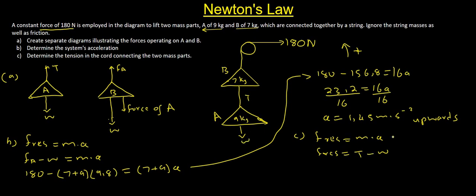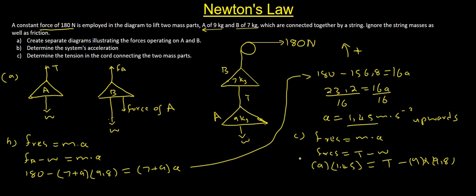And F is given by MA. What is our mass? It's 9 kg. Our acceleration is what we calculated to be 1,45. So 9 multiplied by 1,45 will be equal to the tension minus the weight, which is going to be 9 multiplied by 9,8. 9 for the mass, 9,8 for the gravitational acceleration.